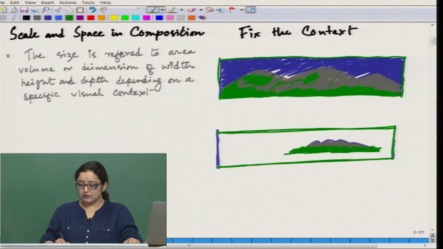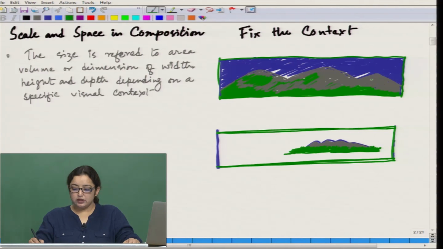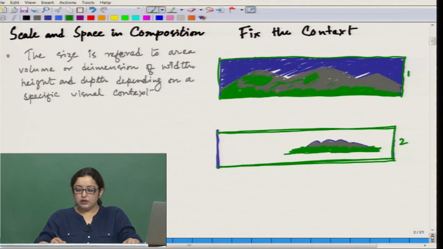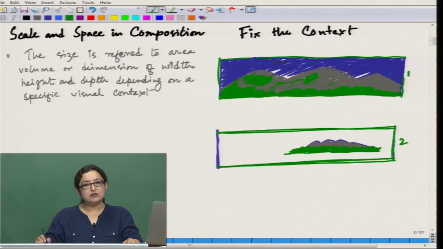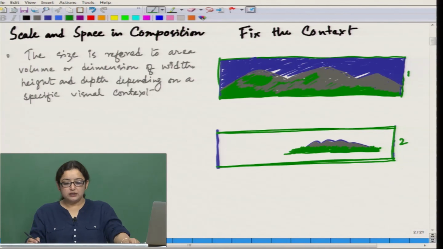If we feel that this is a paper size and the mountain here is occupying a larger area, the mountain in the second picture is occupying a smaller area, the forest is occupying a smaller area as compared to the other picture. So, it totally depends on our viewing area, how much area we are considering for our context.